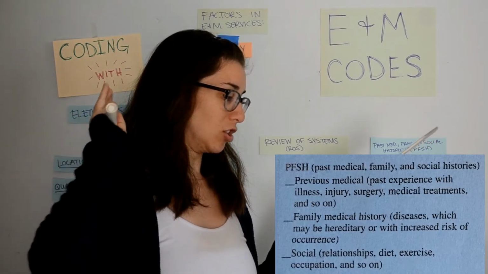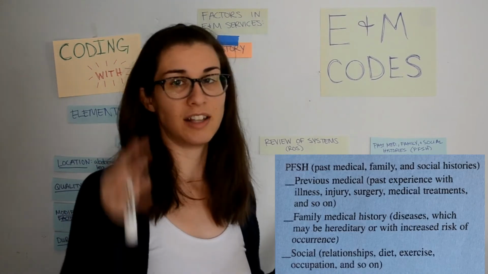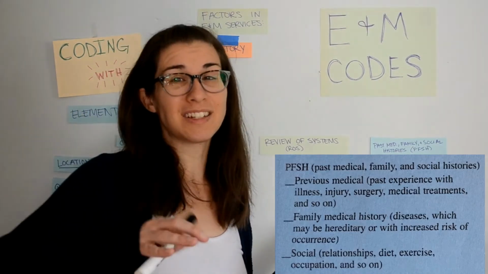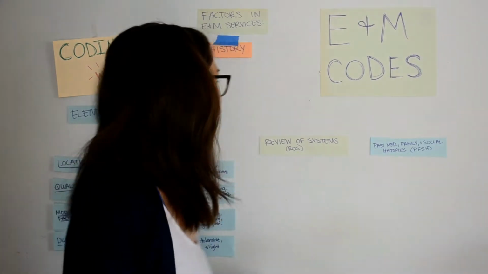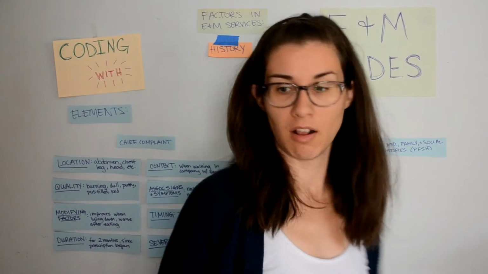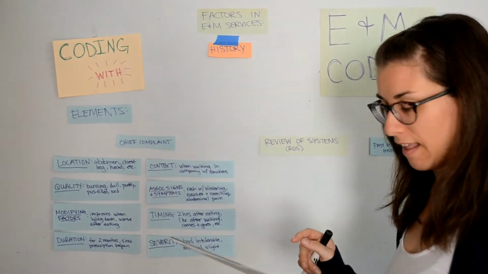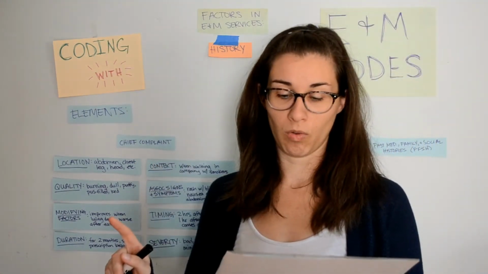And anything social, so your relationships or diet, exercise, occupation, etc. that might influence or dictate what your current present illness could be. So these are the three components of the history. And I'll show an image of this table.